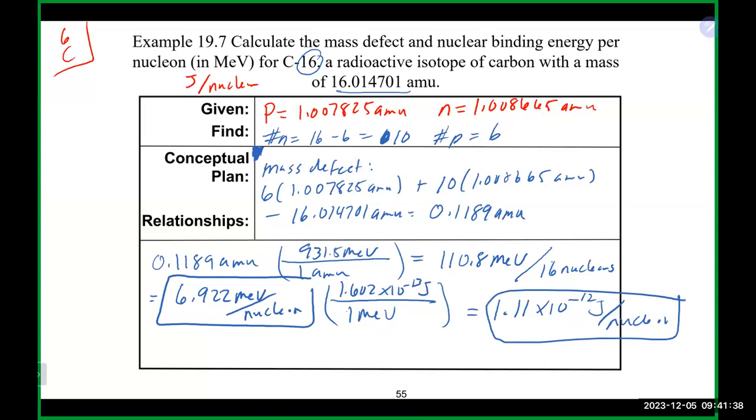This way you can see you don't necessarily have to use Avogadro's number, but if you did, you would get the same answer. You start with joules and work your way the other way. So it gives you a couple of different ways you can do these problems. Any questions on that one?